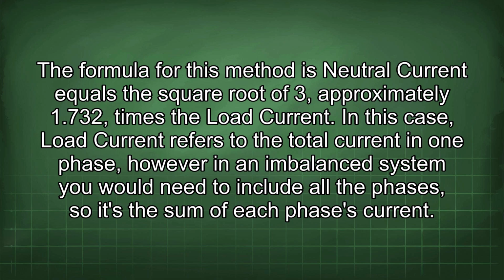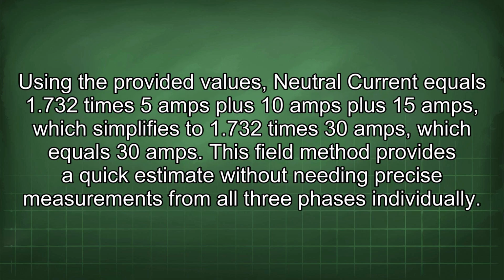However, in an imbalanced system, you would need to include all the phases, so it's the sum of each phase's current. Using the provided values, neutral current equals 1.732 times 5 amps plus 10 amps plus 15 amps, which simplifies to 1.732 times 30 amps, which equals 30 amps. This field method provides a quick estimate without needing precise measurements from all three phases individually.